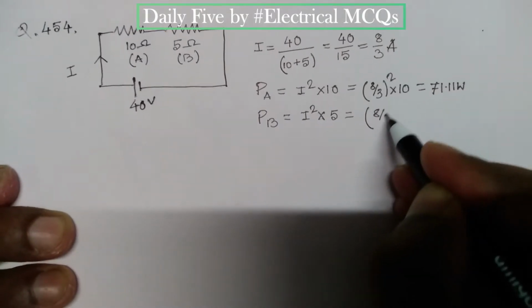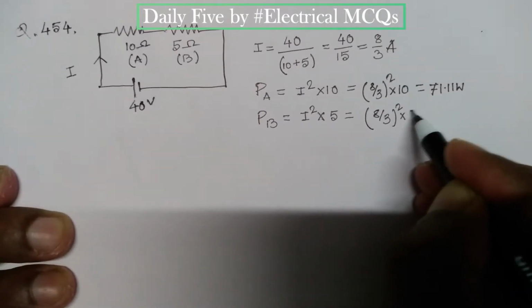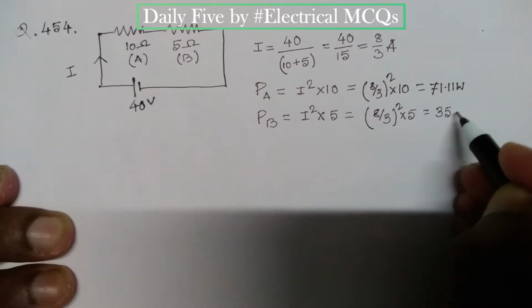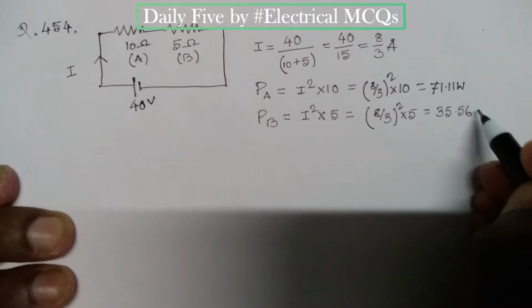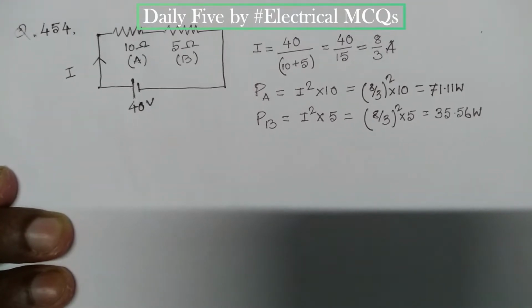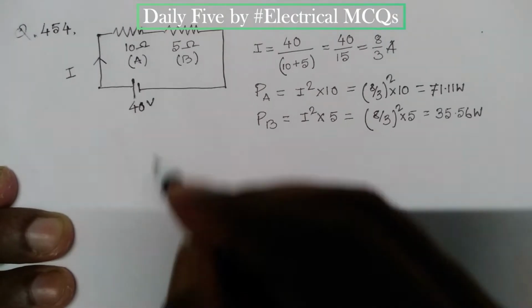This will be equal to 35.56 watt. So basically what we see here, none of the options are having these values, but the nearest value is C, so we can consider the answer to be C.